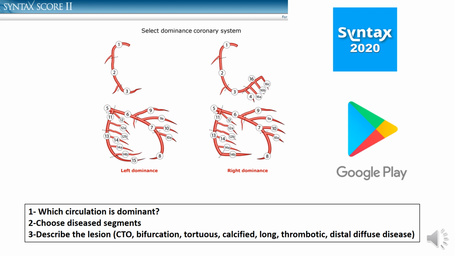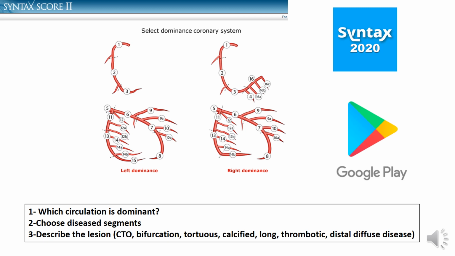They have a website where you can enter the data and get the score, or you might download it from Google Play using this application. You have to answer certain questions. First you will find this picture asking which is the dominant circulation.